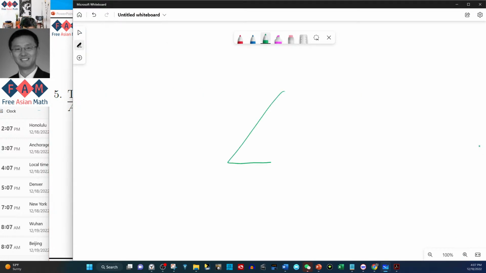we have an equilateral triangle. It's not perfect, but hopefully. So then you take one vertex as the center, you draw an arc, which means that it's part of a circle, and this happens to be tangent to the other side.